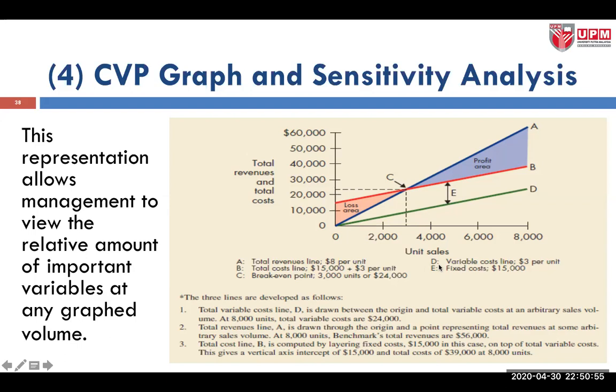Okay, D is the variable cost line, $3 per unit, and fixed cost is 15,000. So you can see here, if the company produces more than 3,000 units, it will make a profit. Okay, if it is producing less than that, it is going to be at a loss.